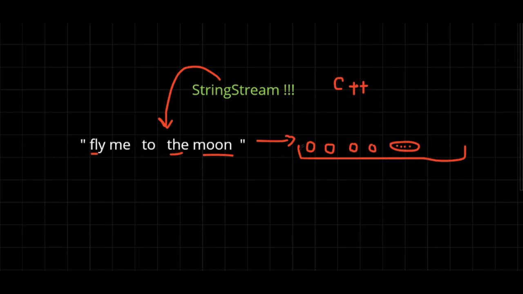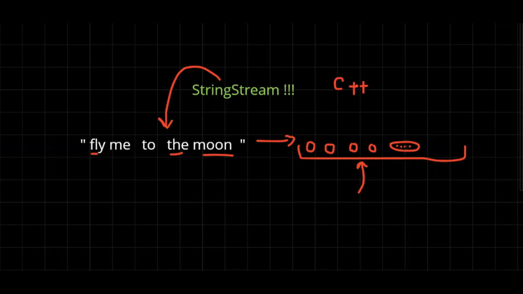Now, suppose this is a container, or we can say that this is a vector, which holds the words extracted from the string by using the stringstream function. Now, it is very simple.